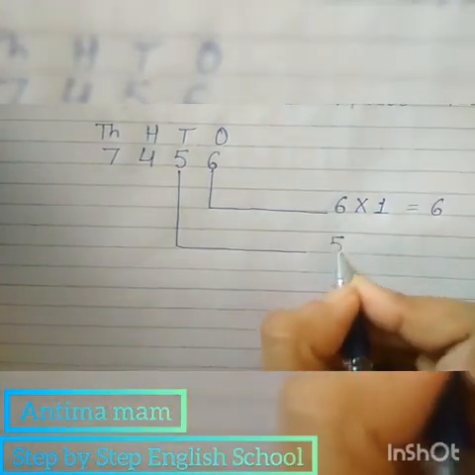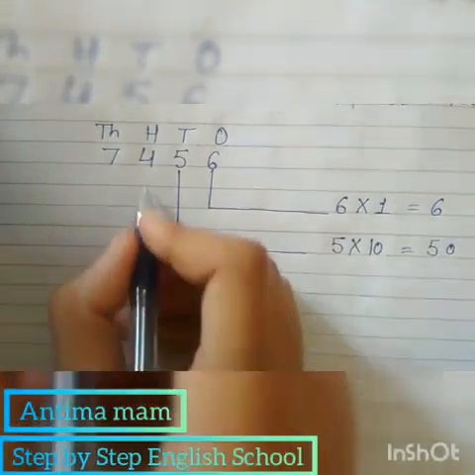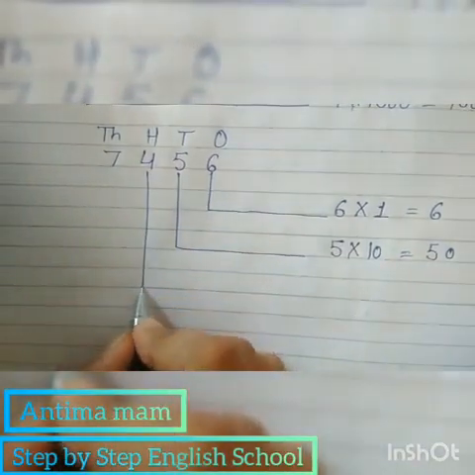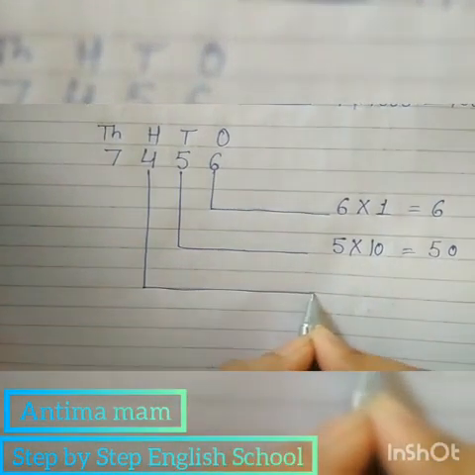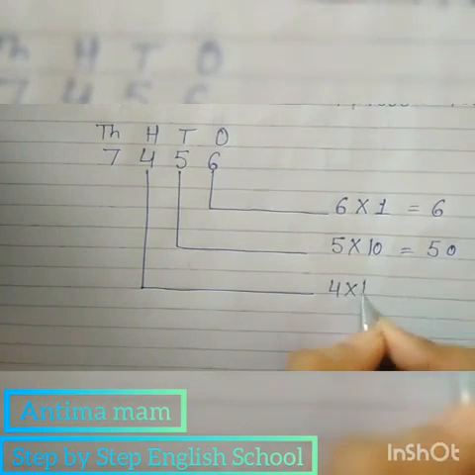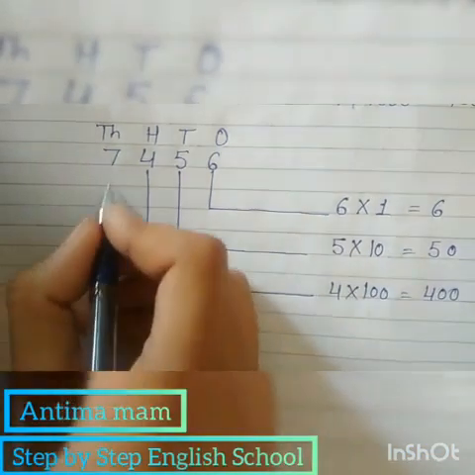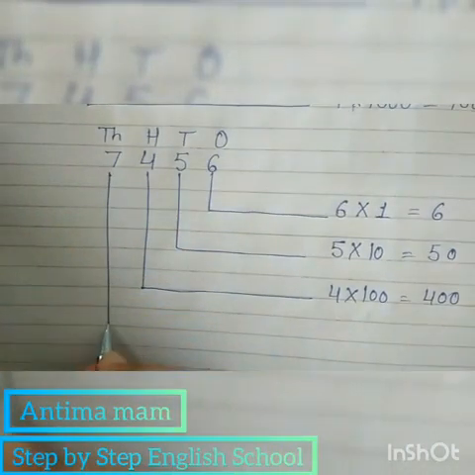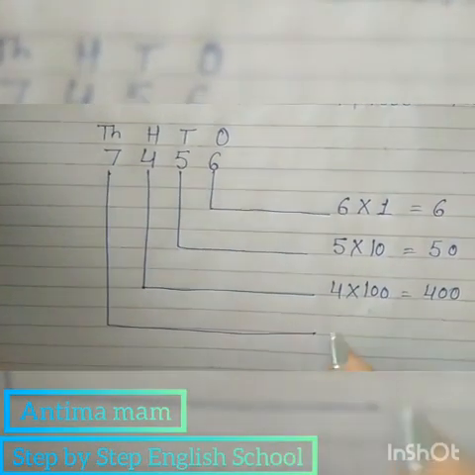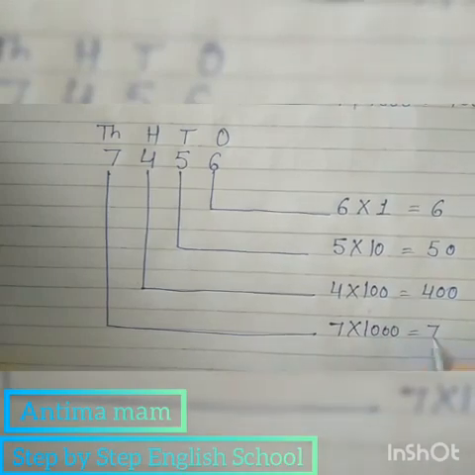So 5 multiplied by 10 is equal to 50. Place of 4 is 100. So 4 multiplied by 100 is equal to 400. Next 7. Place of 7 is 1000.